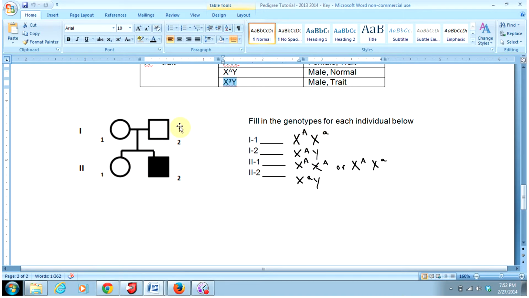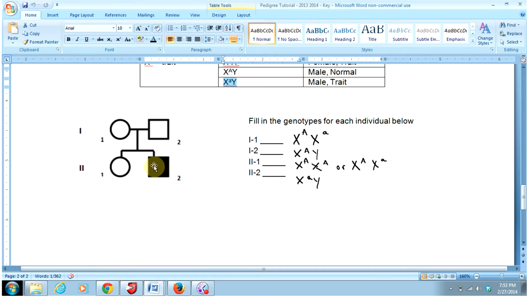Both of the males, the father, individual 1-2, and the son, individual 2-2, are going to have an X and a Y chromosome. So let's figure out the superscripts, the big A's and the little a's. Now because it is an X-linked recessive trait, and this son shows the trait, I know his genotype has to be X little a Y.